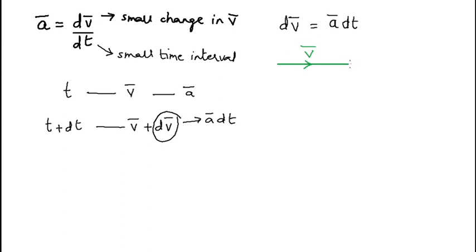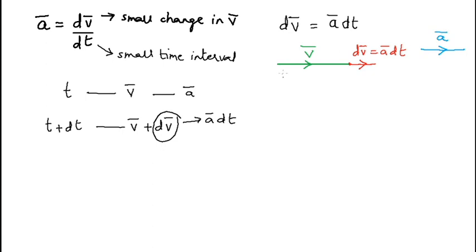Of course it's in the same direction as v bar, and I'll start it over here at this point. So a bar dt is this vector, it's also dv bar, and the reason why we have a rightward pointing red vector is that the acceleration a bar is in the same direction as v bar.